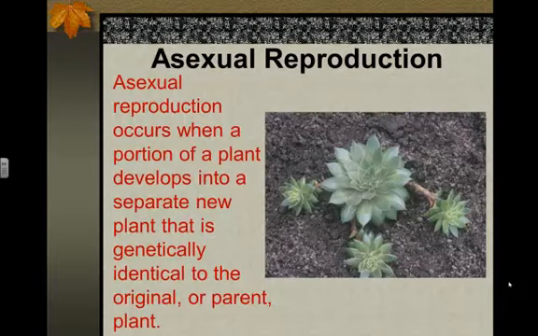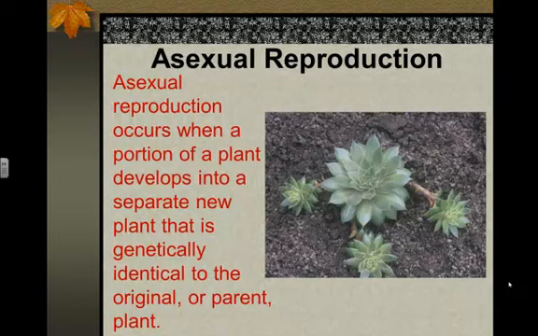Now, first of all, when you talk about asexual reproduction, you're going to have a portion of a plant develop into a new plant. And how is that development going to take place? By mitosis.